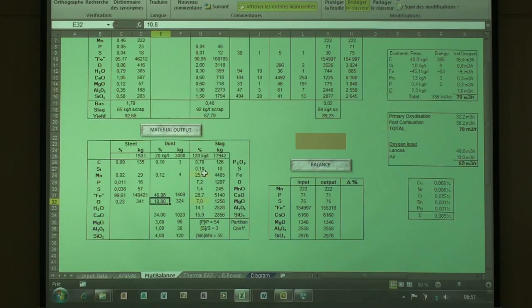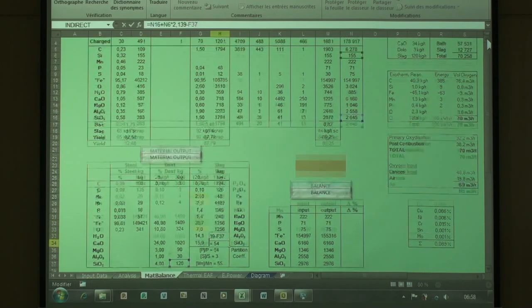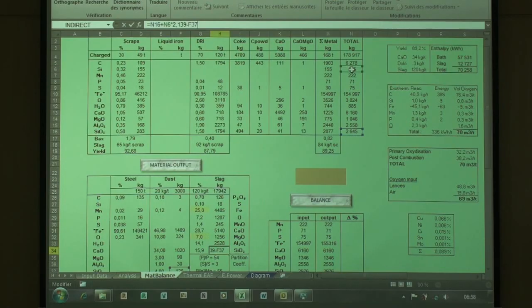And then comes the slag. So you have all the oxides here, and we start from the silica. So the silica is given by the total amount of silica brought by the raw material plus the silicon which is going to be oxidized.